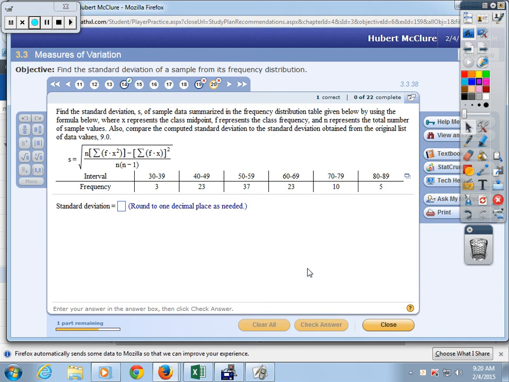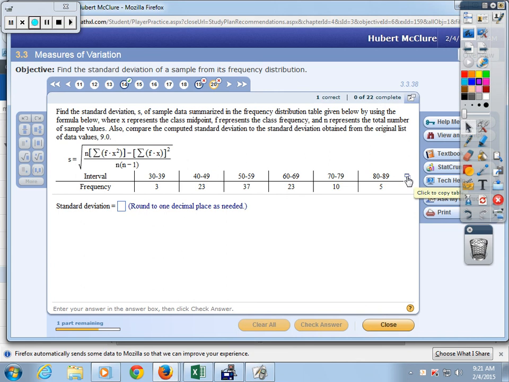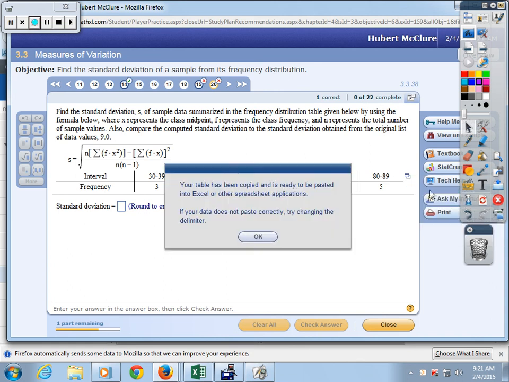You know what's good about the Excel spreadsheet? Look, y'all with me? I don't know how fast y'all have done it. But right now it's 9:21. Why can't you see my clock? Oh well. 9:21. Here we go. Copy table.